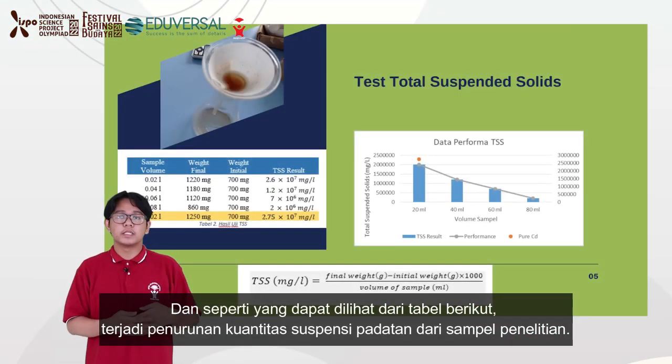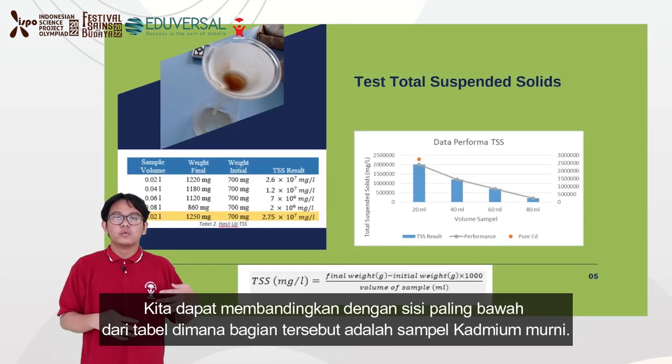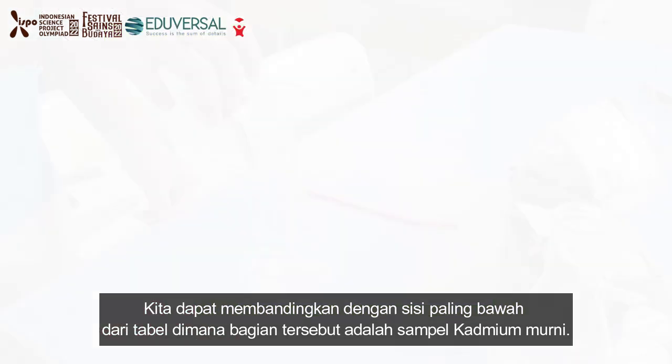And as we can see from this table, there is a quantitative decrease in suspended solids from our sample, and we can compare it to the lowest level in this table, that is the pure cadmium levels.